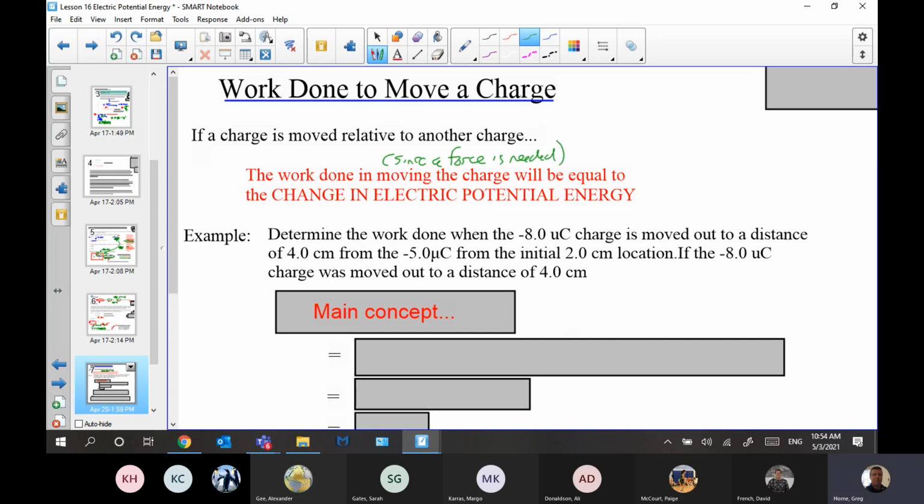Applied force is needed to actually move it. So you're doing work, so you're transferring energy. So the work done is the change in the electric potential energy. So when you see a question that says determine the work done in moving a charge and so on, really they're asking for the change in the electric potential energy.